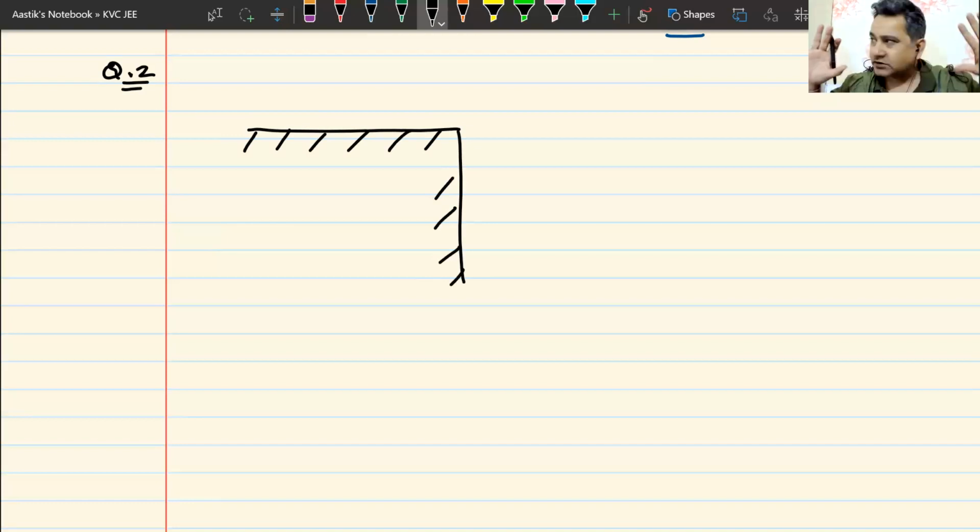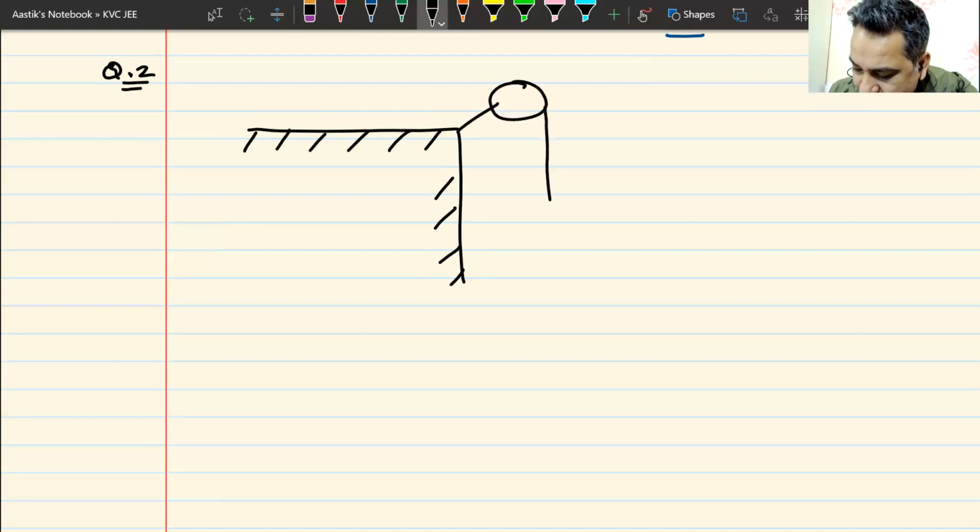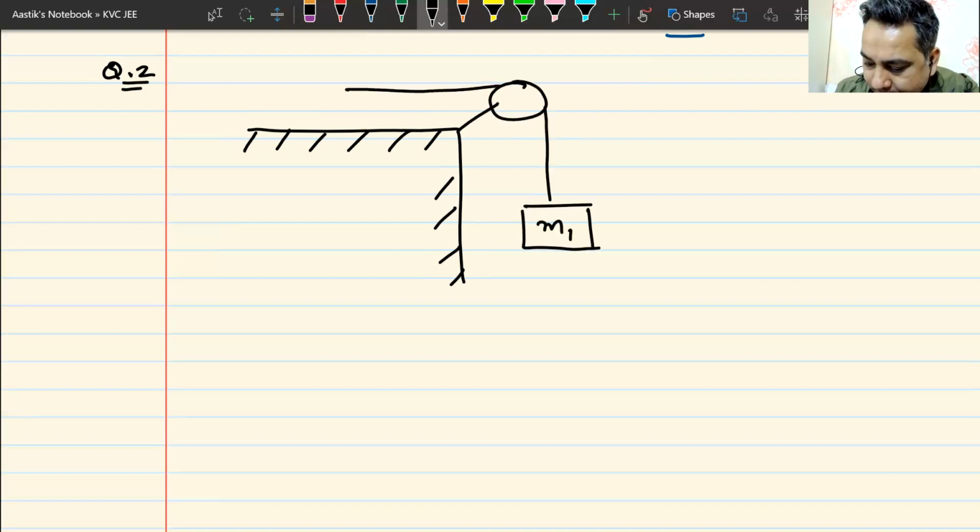What is the difference? Okay, so this is the question. It's a very simple, straightforward question. Let me say this is a body of mass m1 and this is a body of mass m2.